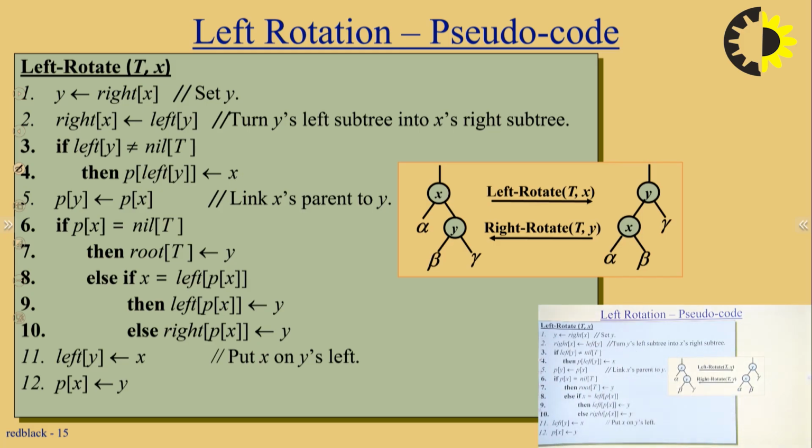So this is the algorithm for left rotation and right rotation. Left rotate: suppose that y is the right of x. This is the x and this is the y, then right of x is y. Then left of y is right of x, always keep this in mind.